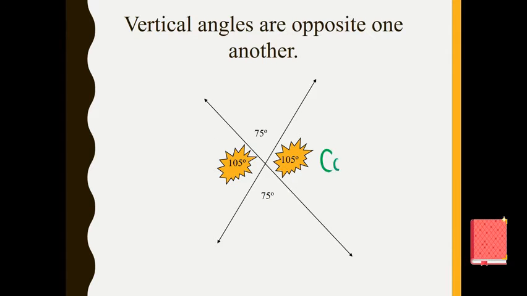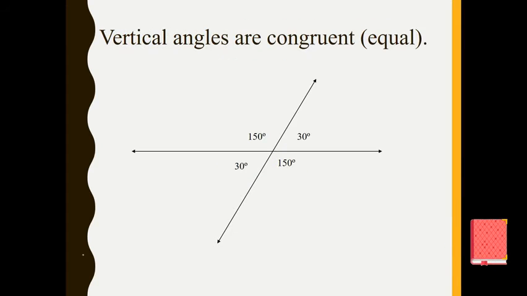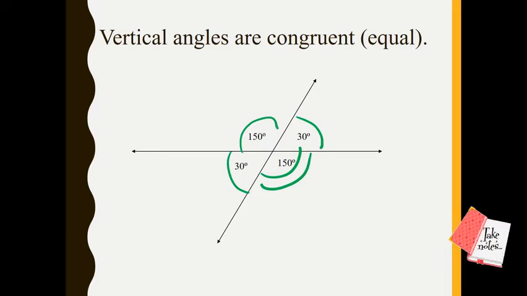Congruent. Meaning they have the same angle. Vertical angles are congruent and they are equal. So these angles are congruent and they are equal. So that one's congruent, they are vertical angles, and this one are congruent angles.